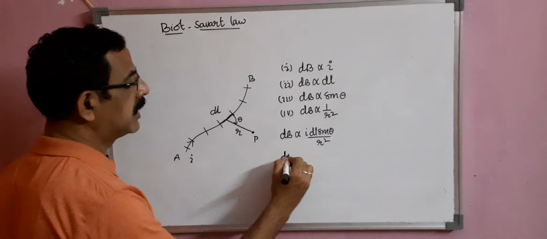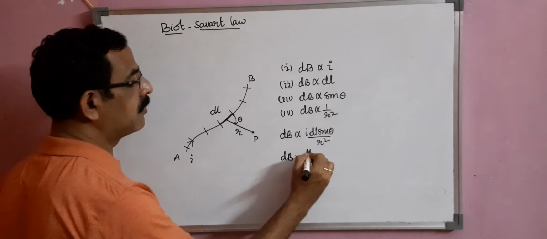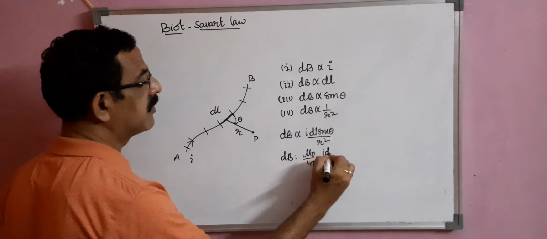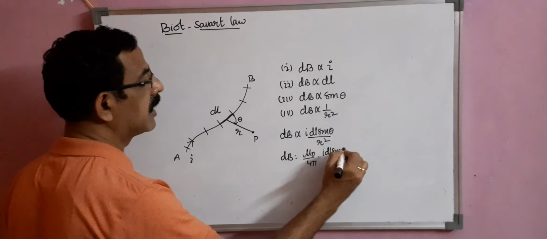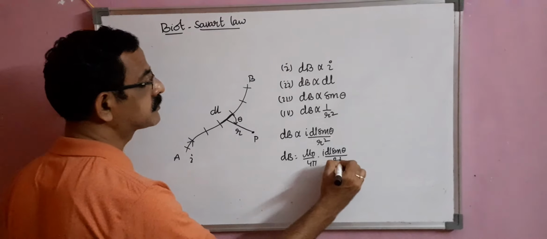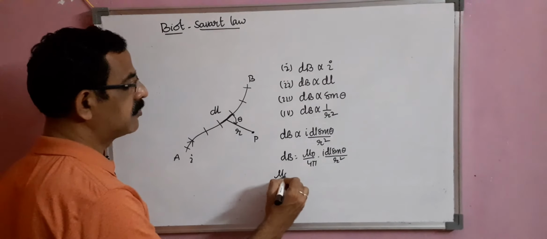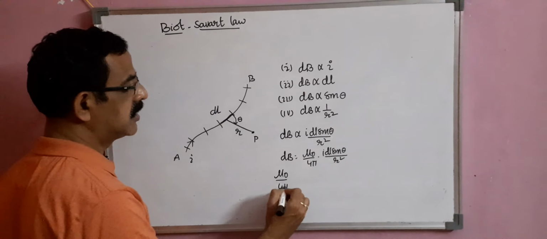Or you can write this as dB is equal to mu naught by 4 pi into I dl sin theta by r square, where mu naught by 4 pi is nothing but the proportionality constant.